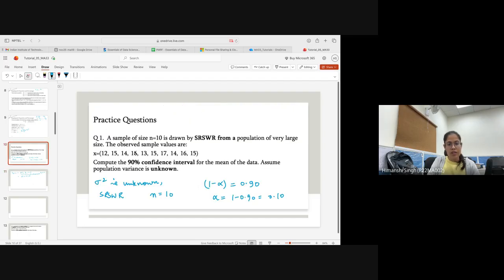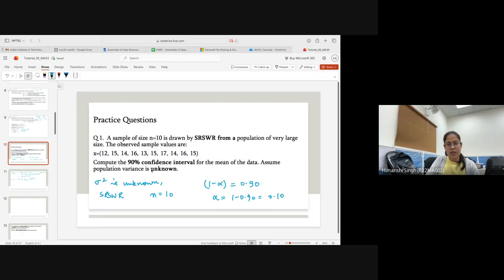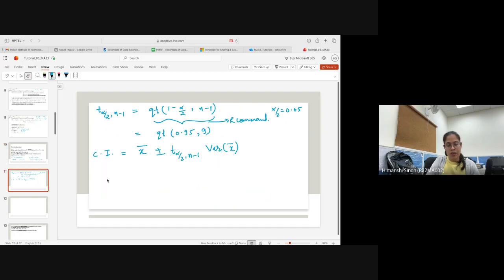Now, apart from this, what is the confidence interval? It is x bar, which is the mean, plus minus T alpha by 2, n minus 1 times the square root of the variance of x bar. Since here we are considering SRSWR, what will the variance of x bar be?